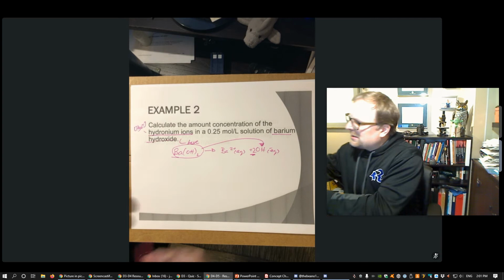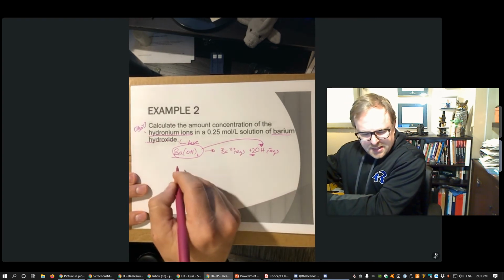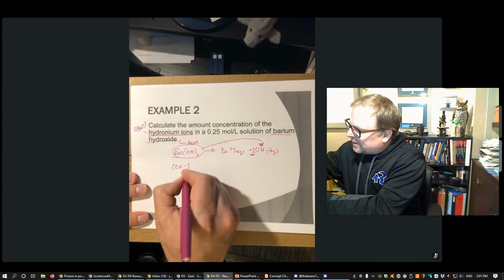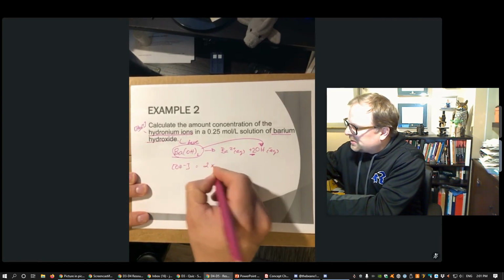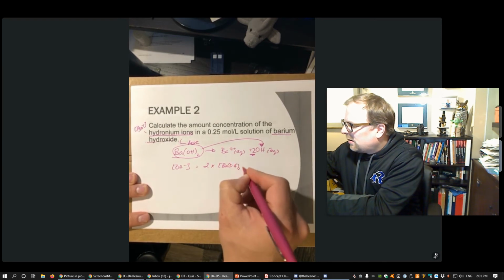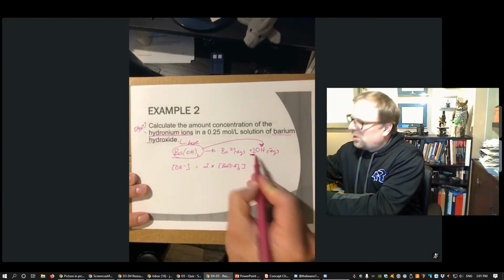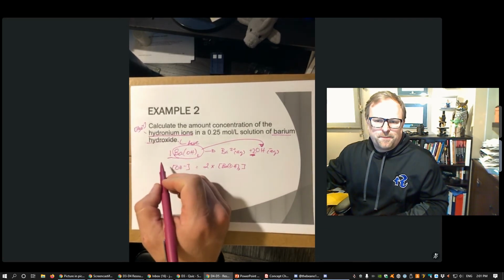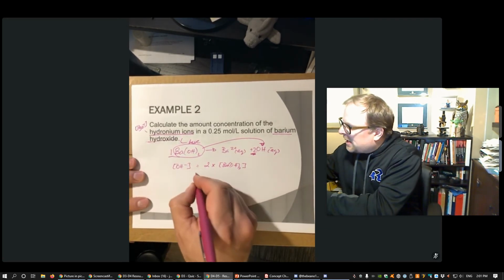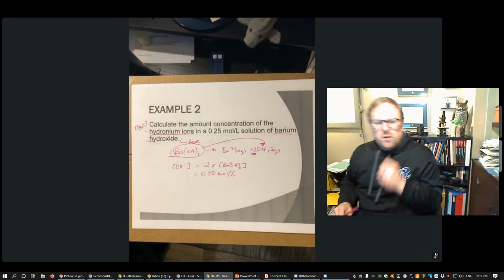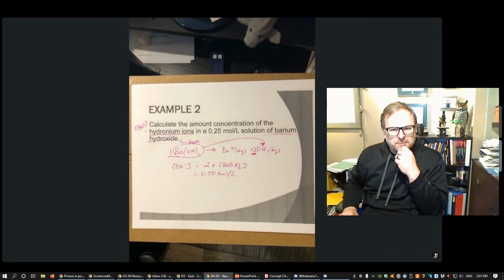What I want you to get from this is that the concentration of hydroxide ions is going to be 2 times the concentration of the barium hydroxide, because there are 2 moles of hydroxide for every 1 mole of barium. So that means our concentration of hydroxide ions is 0.50 moles per liter.